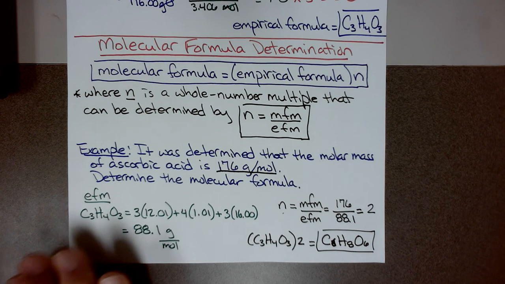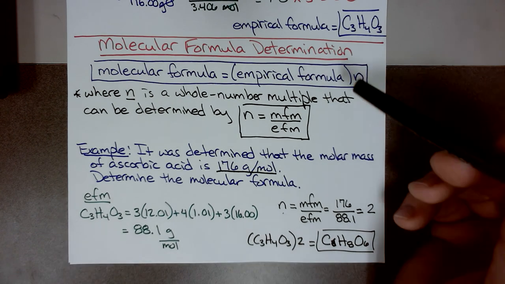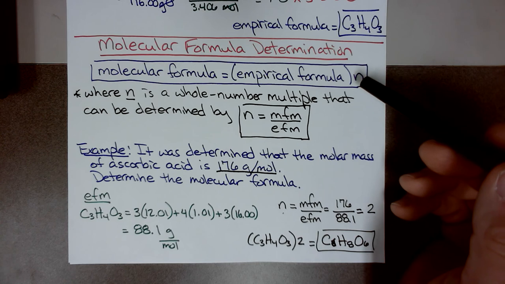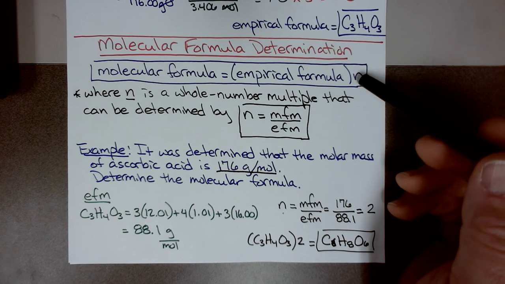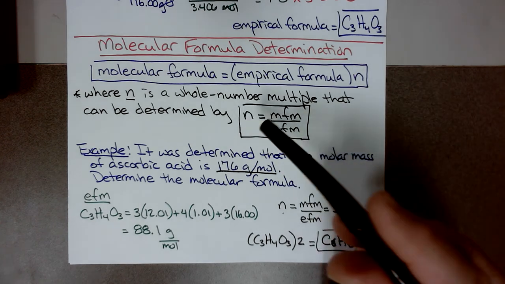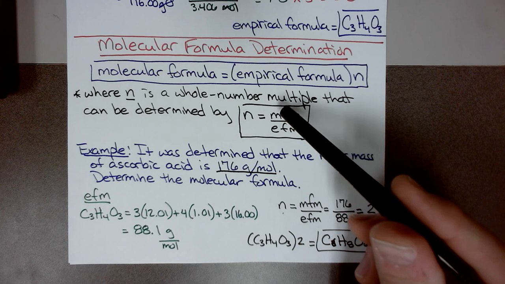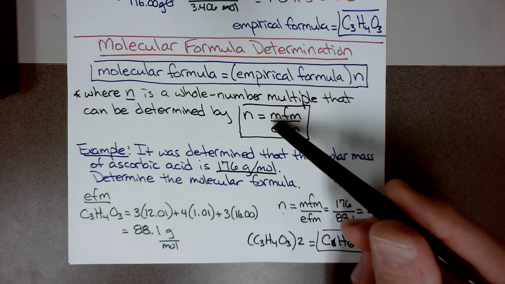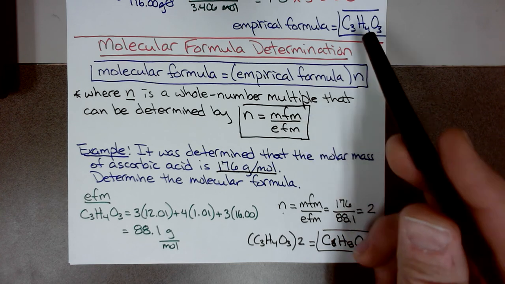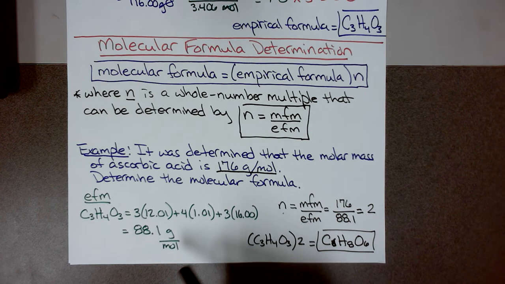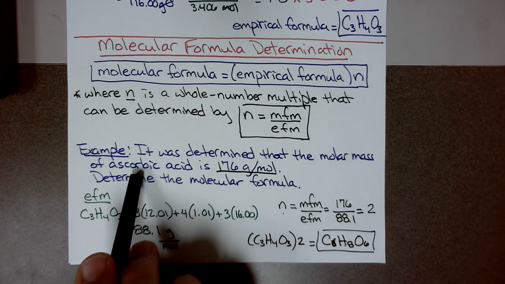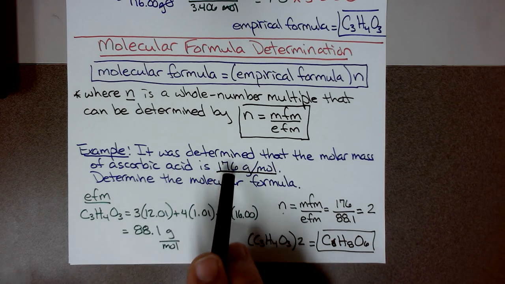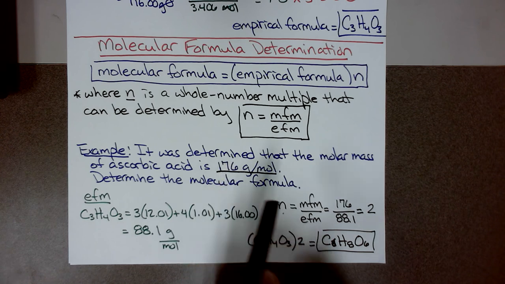So again, a molecular formula is the empirical formula times a whole number multiple. We can determine that whole number multiple from the molecular formula mass, or the molar mass of the molecule, which is always given to you, and it's the bigger number, divided by the empirical formula mass. That's the molar mass of the empirical formula. In this case, we know that the ascorbic acid molar mass of the molecule is 176 grams per mole.